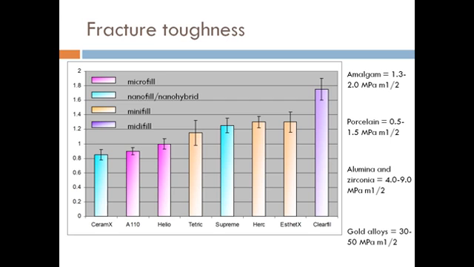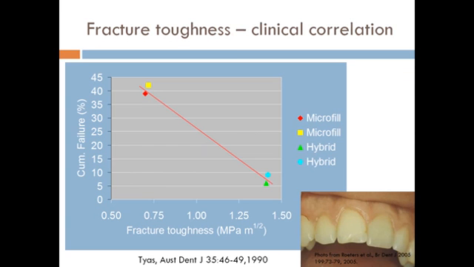So the indication for composite materials, depending on the type, is just for small direct restorations, obviously not for crowns. The fracture toughness is an important property because there's been correlation with clinical performance. Even though there are only 4 points in the curve, there's a clear trend for the cumulative failure of microfills.